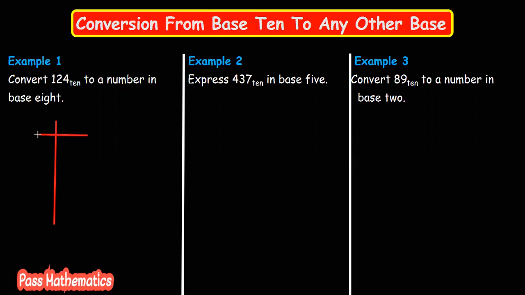Then we write down the number 124, which is in base 10, and we divide by 8. So let's begin the division.